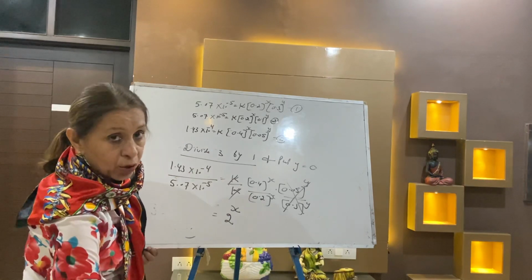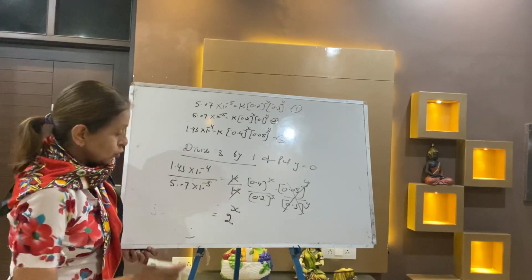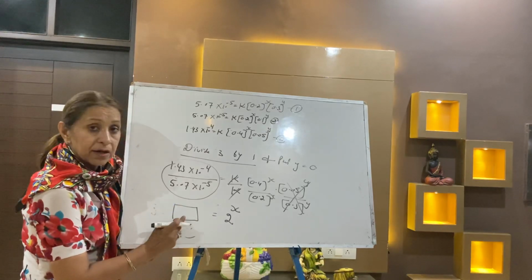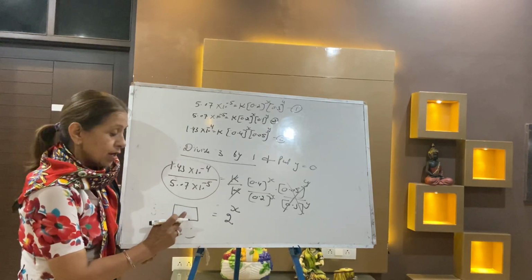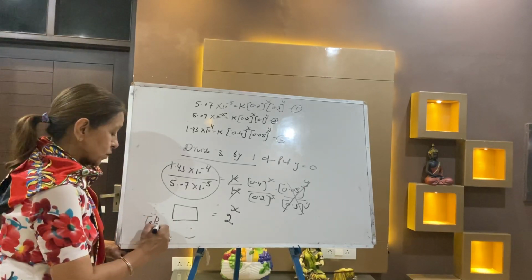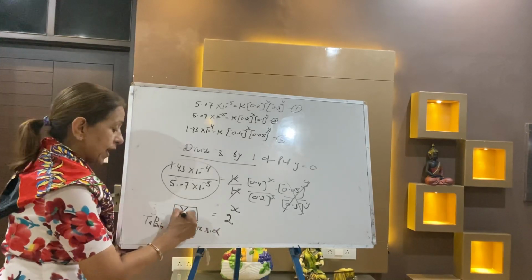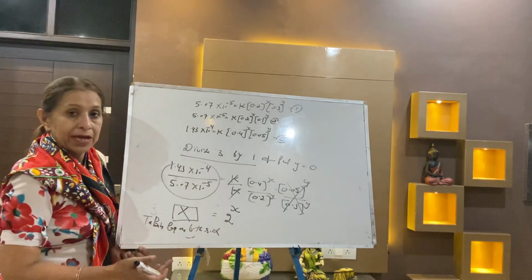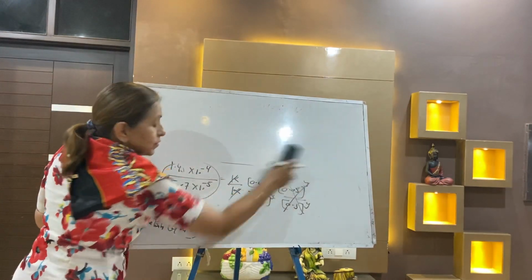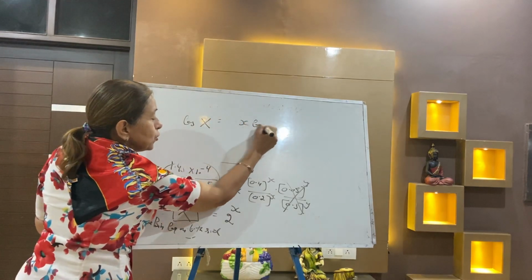After calculating, you take log on both sides. It is very easy to calculate. Whatever value comes here, you write after calculating, let it be x. Then taking log on both sides, it is log x, x being the value, and after that x log 2.